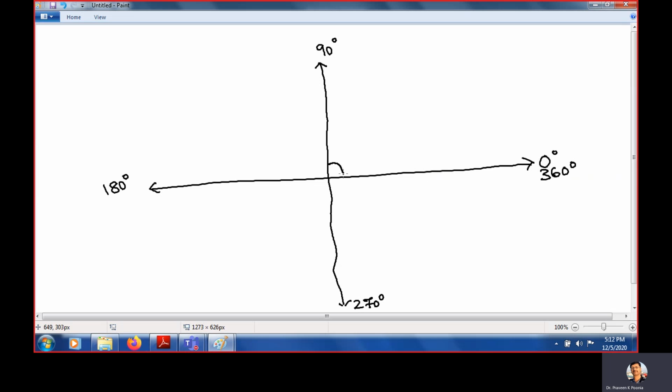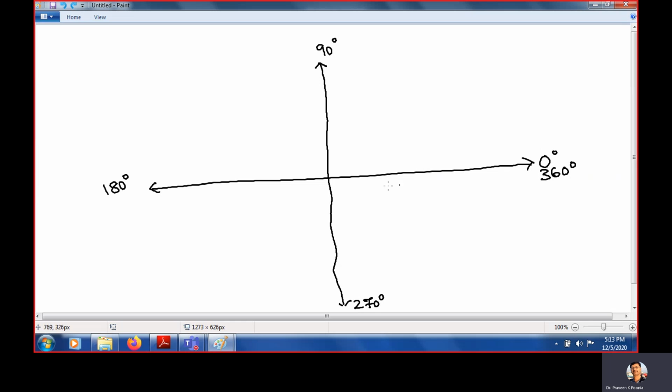So every angle is a difference of 90 degree. All these are 90. So the entire circle is 360 degree, because it starts with 0 and ends with 360.